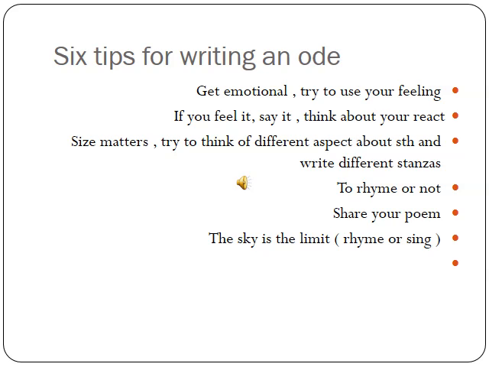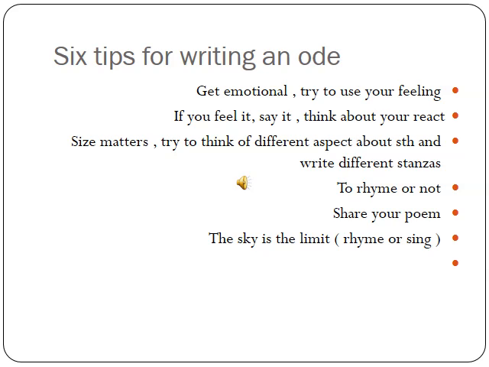So those are 6 steps for writing an ode. First of all, you should use your emotion. Try to feel and use all your emotions, and to be sensitive. While you are being sensitive, your writing will be perfect. Don't be like a wall. You don't have any feeling? No, you should use your feeling.